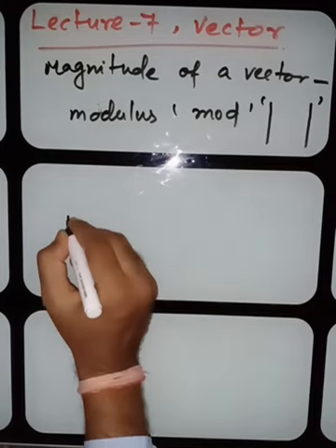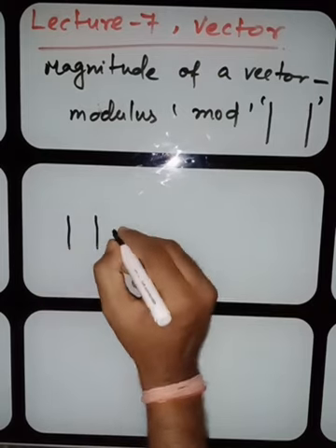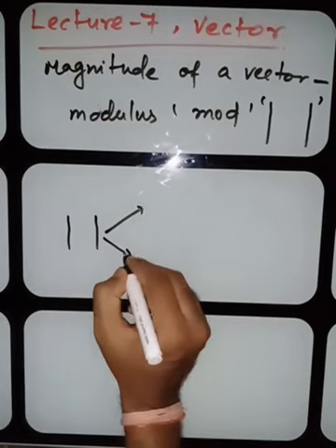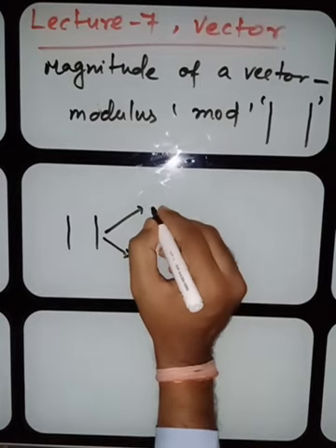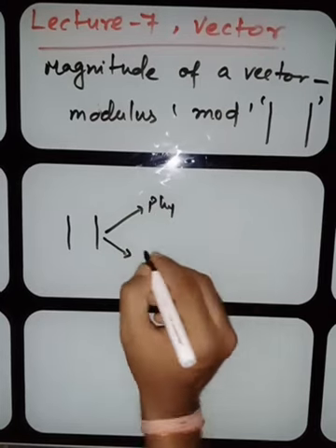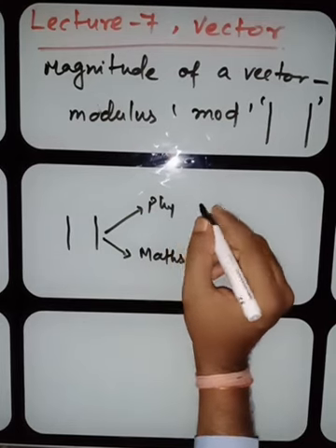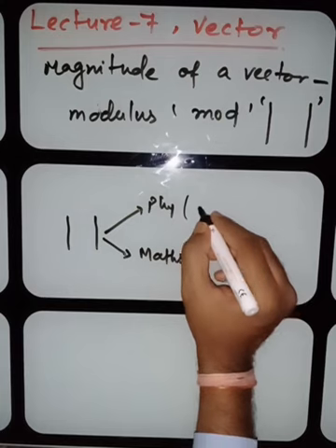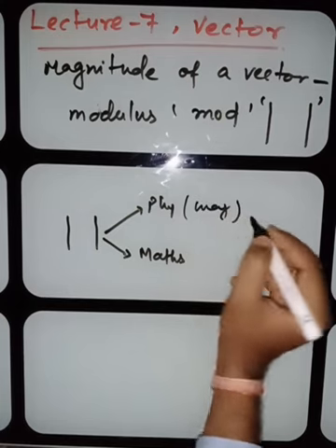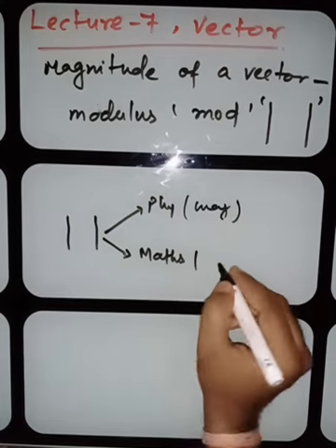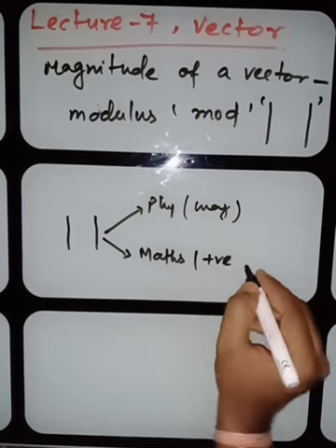Remember, this modulus has two uses, in mathematics and physics. In physics we use it to represent magnitude, and in mathematics we use it to represent the positive nature.